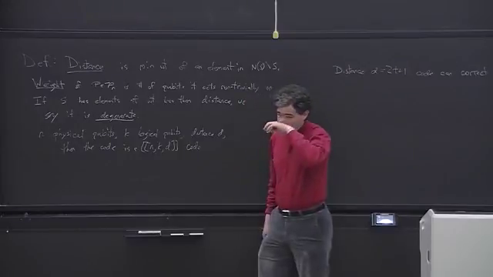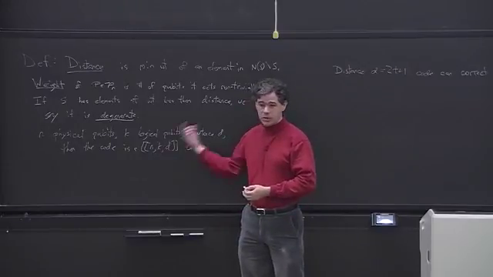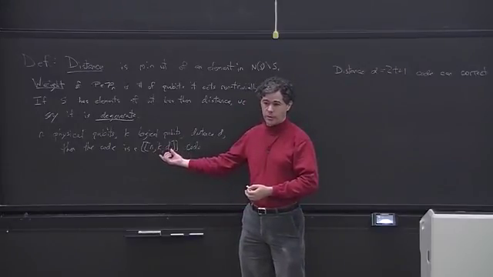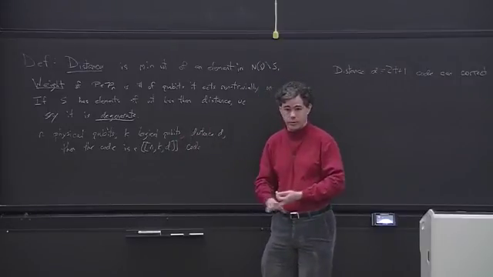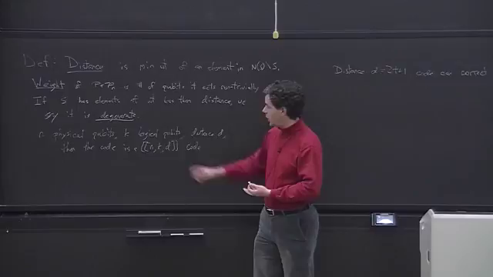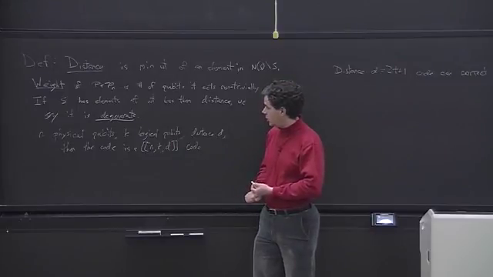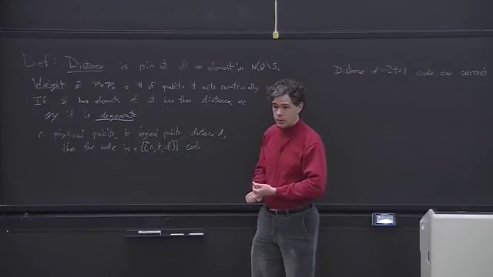OK? So this summarizes immediately the main things you're usually interested in about a code. There may be other properties you're interested in too, of course, like how good it is at fault tolerance. But these are the main ones. OK?